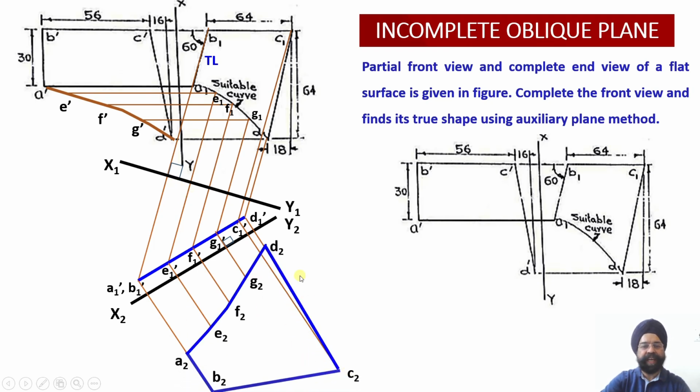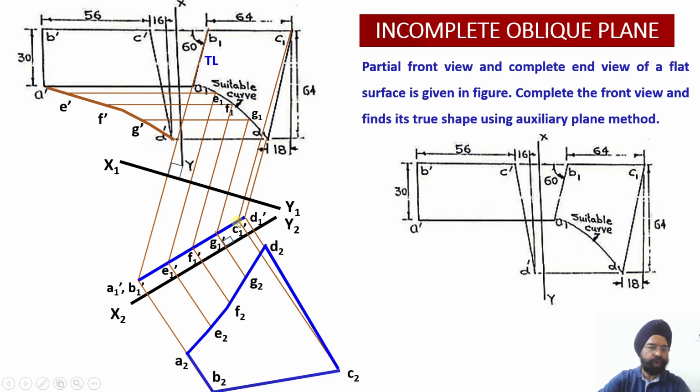This is what we are getting. I'll just show you. For point A, just see, this is the distance, check this one. For point B, this is the distance, so I have marked it over here. This is my distance for the B. For C, this is the distance of C1 from X1, Y1.